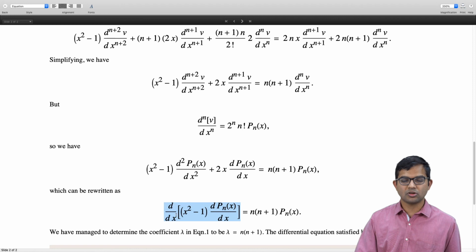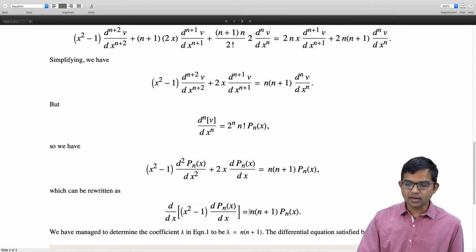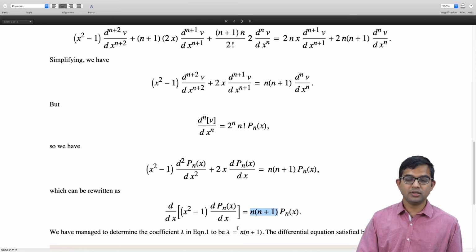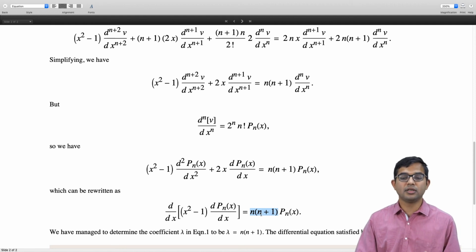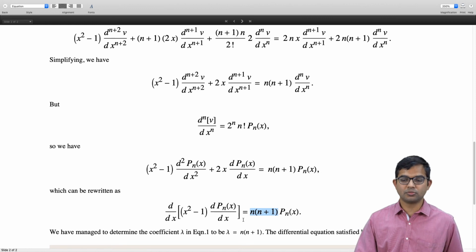There is this operation, you operate with this on Pn, and you get back some eigenvalue times the same eigenfunction. Only if you choose your lambda to be of this form, n into n plus 1, where n is an integer, only then do you get polynomials, and those polynomials are the Legendre polynomials.